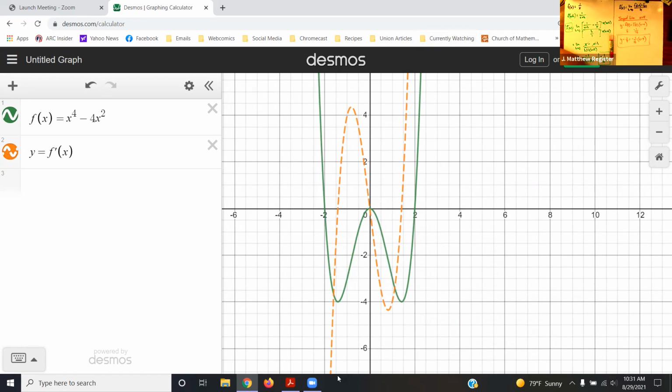Well, the values of our derivative function are negative, then positive, then negative, then positive. The slope of the green function corresponds to the values of our orange function. It's a hard thing for folks to wrap their heads around usually, and that's why I'm taking it slow with this, but definitely play around with it a bit.